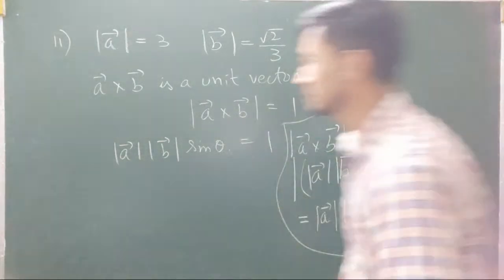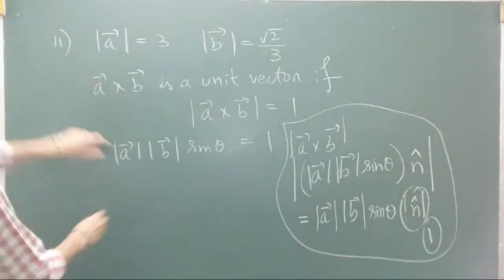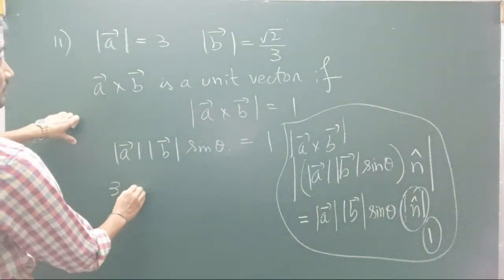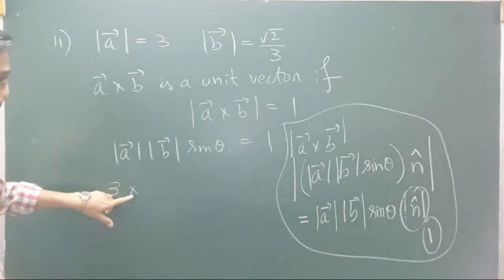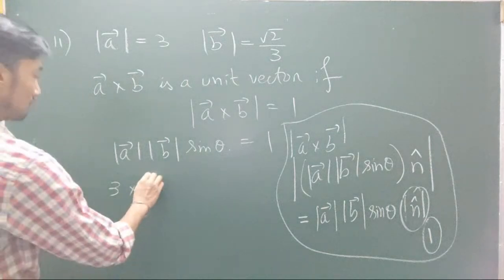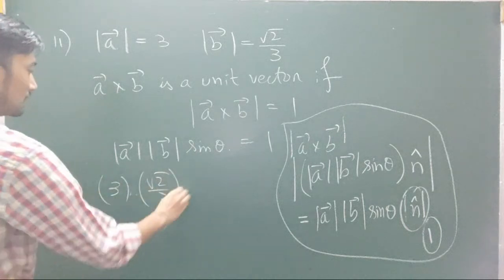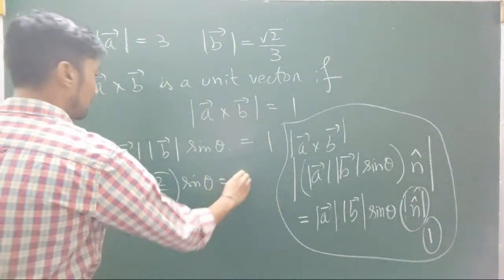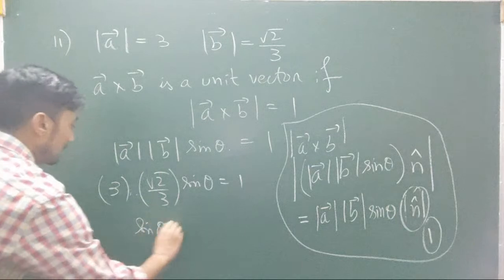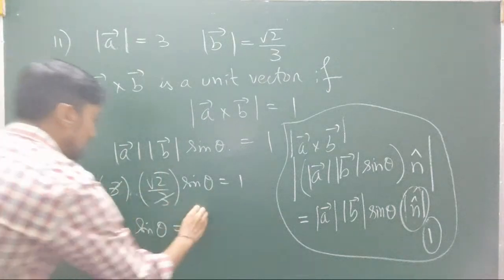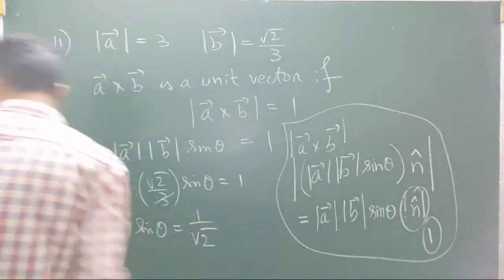Now A is 3. I'll just write into root 2 by 3. This is not cross product again. If you think you will get confused, you can just write down sine theta equal to 1. So sine theta will be equal to 3 cancels, 1 by root over 2.